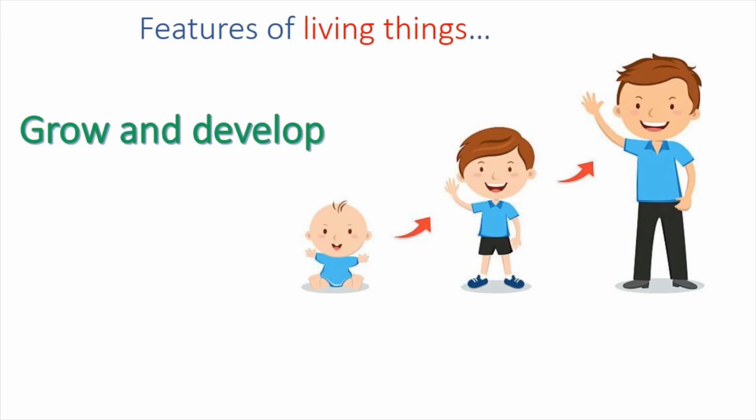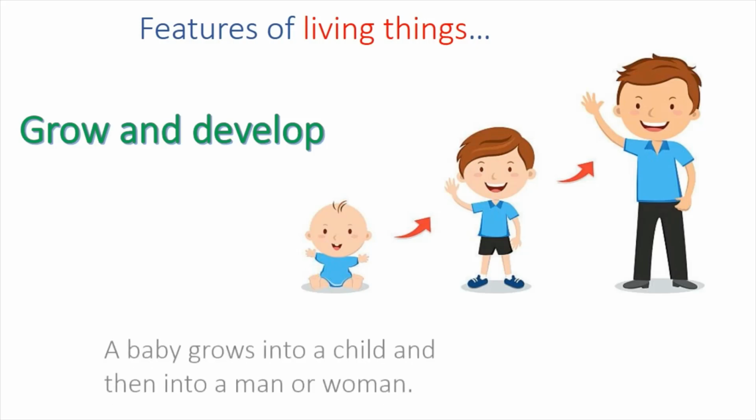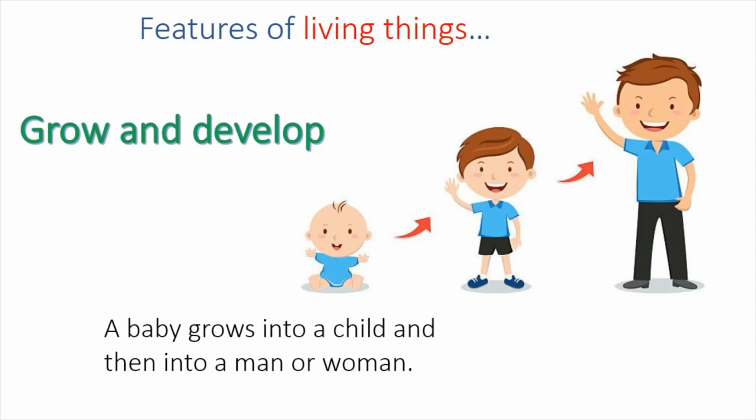So, this is the feature of living things. Living things grow and develop. With the help of food and water, we grow and develop. As the baby grows into a child and then into a man or woman. So, food and proper water intake is very necessary.